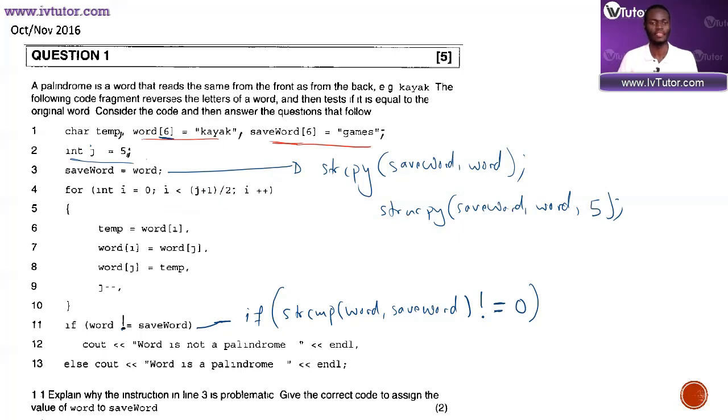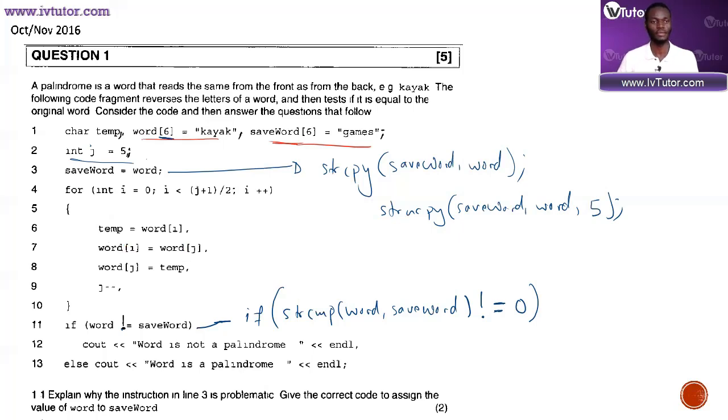Okay. And then we go temp equals word i. So we take the current character, we store that in temp. Then we say word j equals word i.